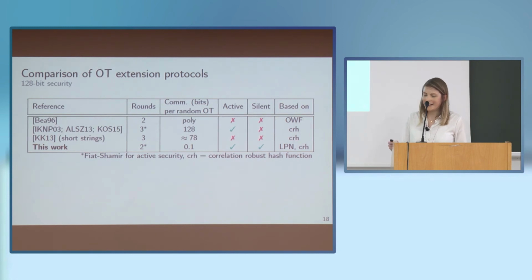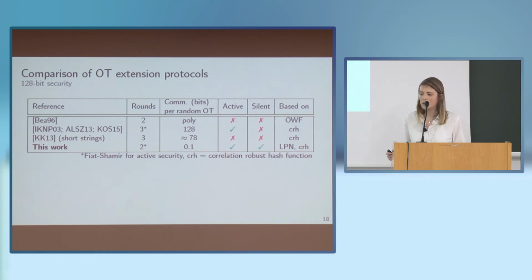And now, I said it's efficient. Now I hope you can see that it's efficient. It's 2 rounds, and the reason it's efficient is because we use so little communication. As you see, the previous best approach needed 78 bits per random OT, even for bit OT.